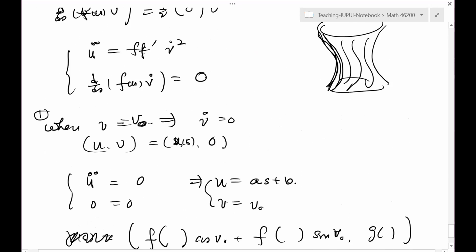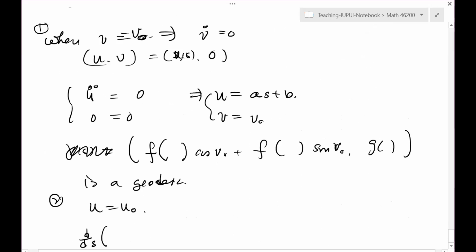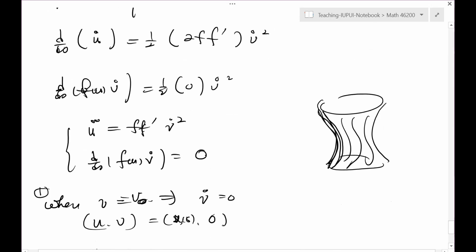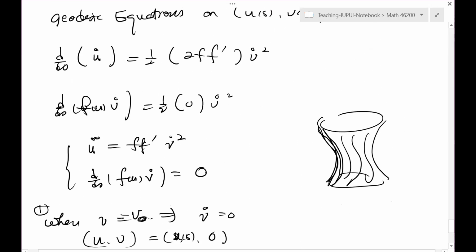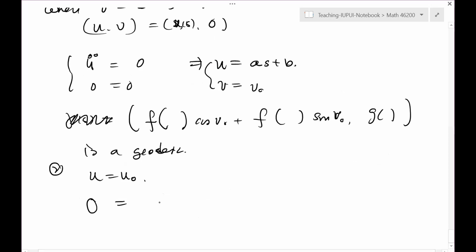So these two equations become, let's do the problem slowly. It's going to be 0 equals, let's look at this equation, the f prime of u, that's the first equation.